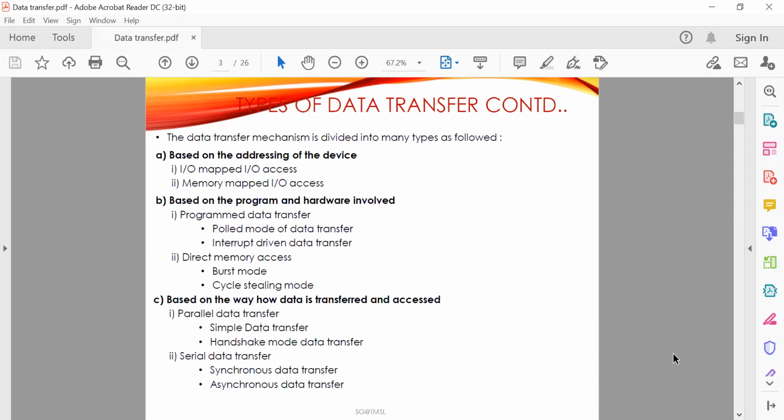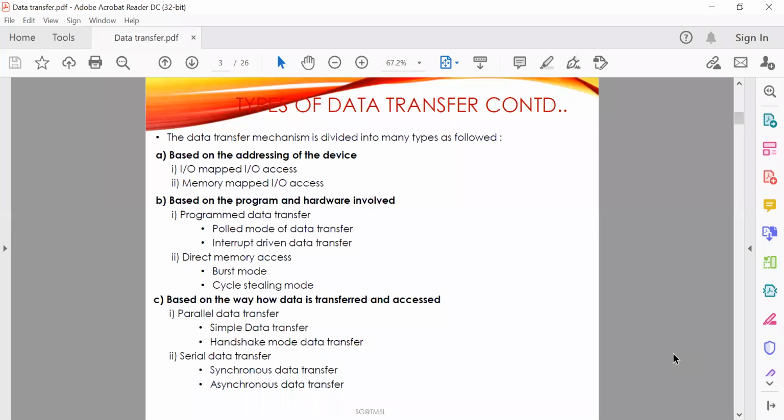Under program data transfer technique, there are two types of method used to transfer the data, that is poll mode of data transfer and interrupt driven data transfer. And under direct memory access, in short called DMA, there are two modes. These are burst mode and cycle steal mode.